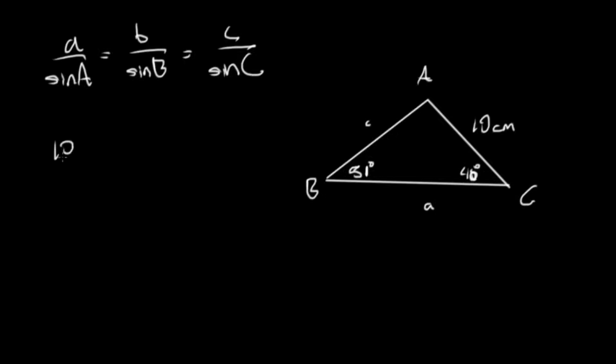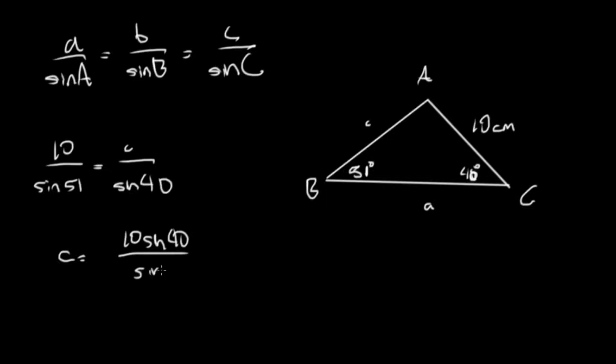I'm going to go ahead and get C since it's possible. So we got 10 over sine 51 is equal to what we don't know, which is C over sine the angle that we do know, 40. So we just need to solve this. C is equal to 10 sine 40 over sine 51.